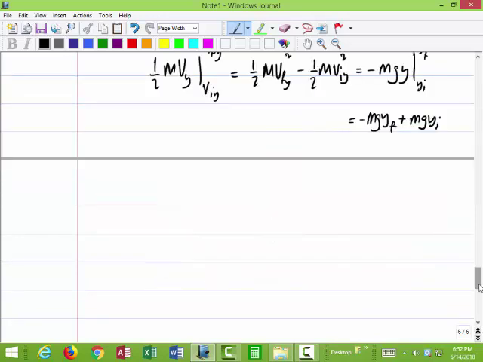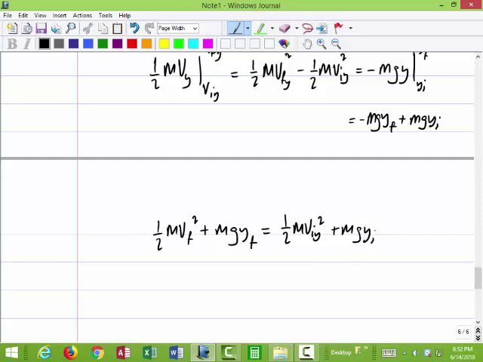So this leads to the following formula, which is written as half m v final squared plus mg y final to be equal to half m v initial y squared plus mg y initial.